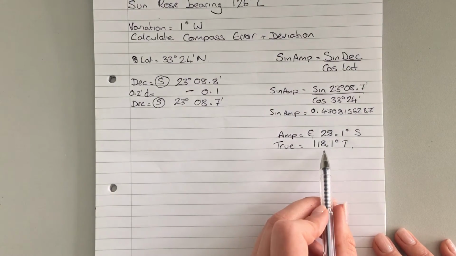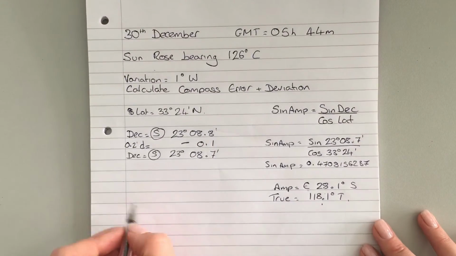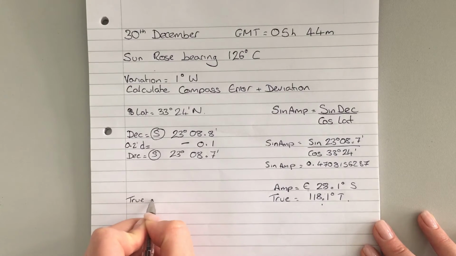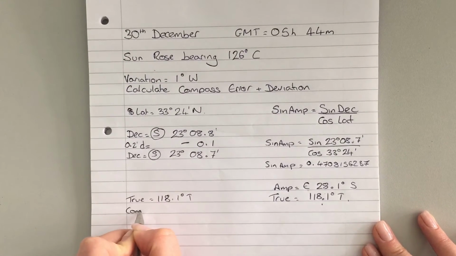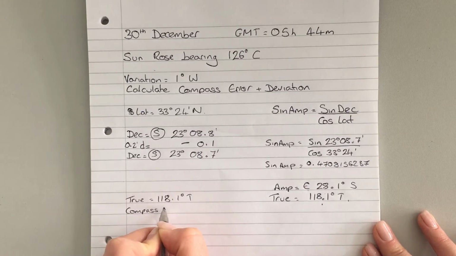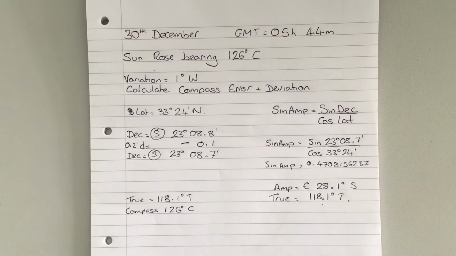So a compass error is the difference between a true bearing and the compass bearing. So the true was 118.1 degrees. The compass was 126 degrees. So the difference between the two gives me 7.9 degrees.